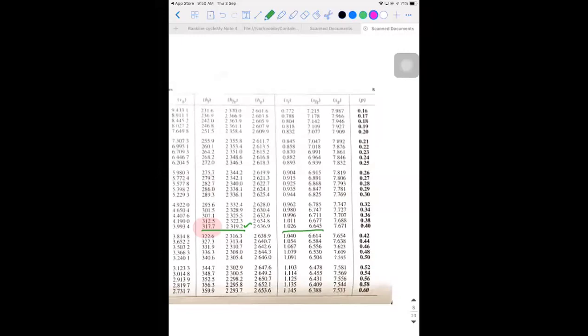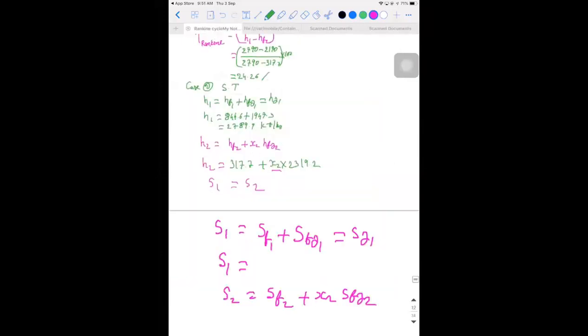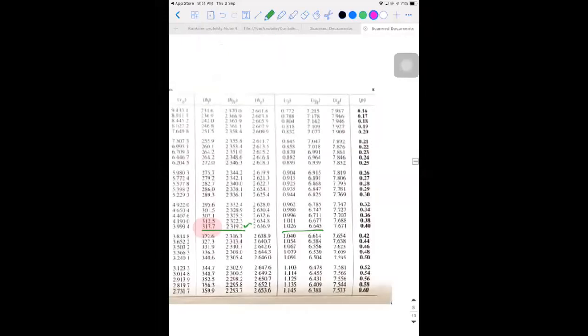I'm going to have the same thing. This is equal to 1.026 plus X2, which is unknown, into how much is it, sir? 6.645. Nice.